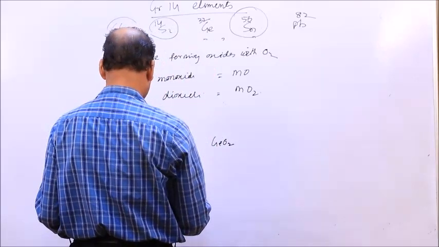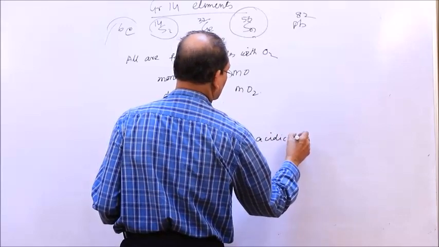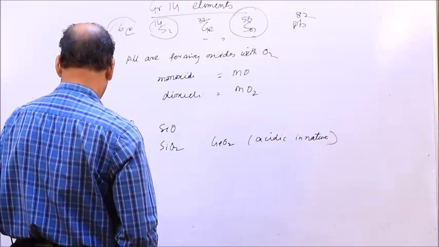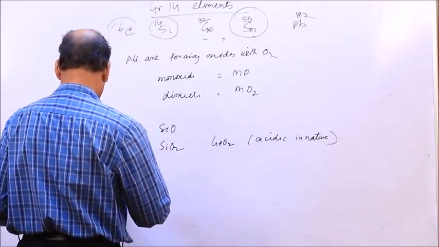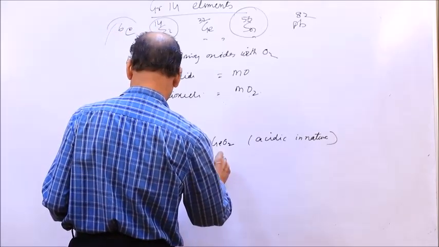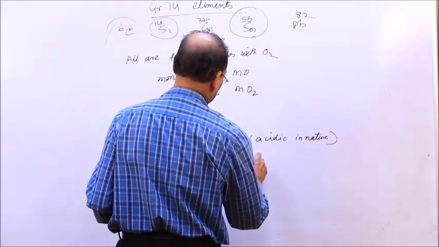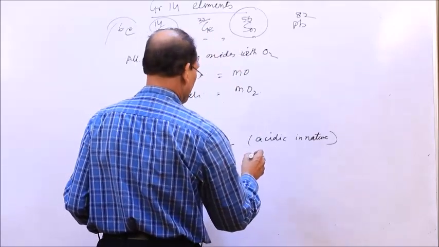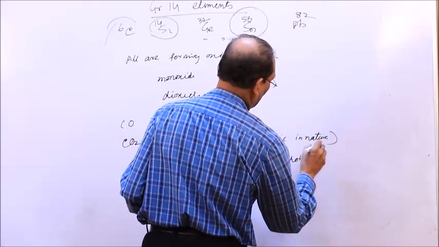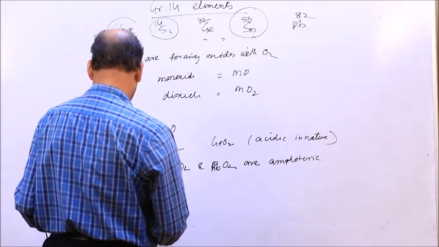But all are acidic in nature, except SnO2 and PbO2, which are amphoteric. Amphoteric means showing both acidic and basic properties.